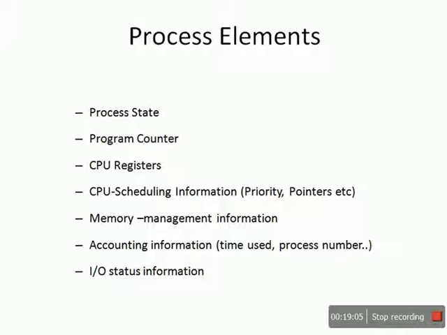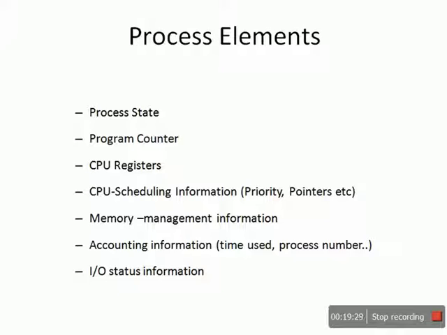The CPU registers, that is, what values a CPU has at any point of time, right? Then CPU scheduling information.